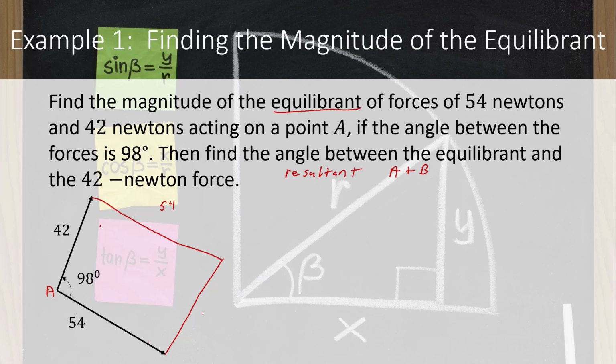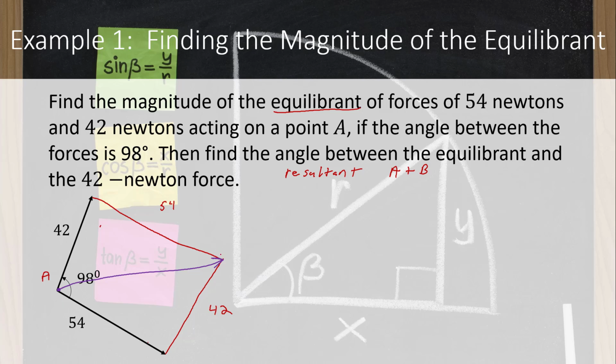If this is 42 newtons, then we have 42 newtons over here. And then the resultant is going to start here and is going to go to the other side of the diagonal, and that would be the resultant. Apologies for the not so straight lines.